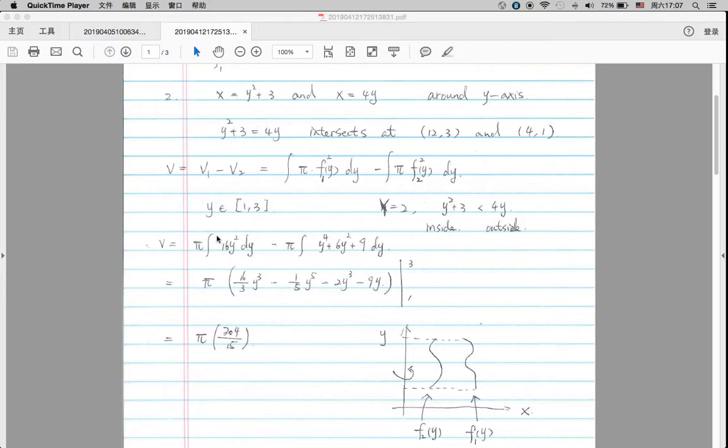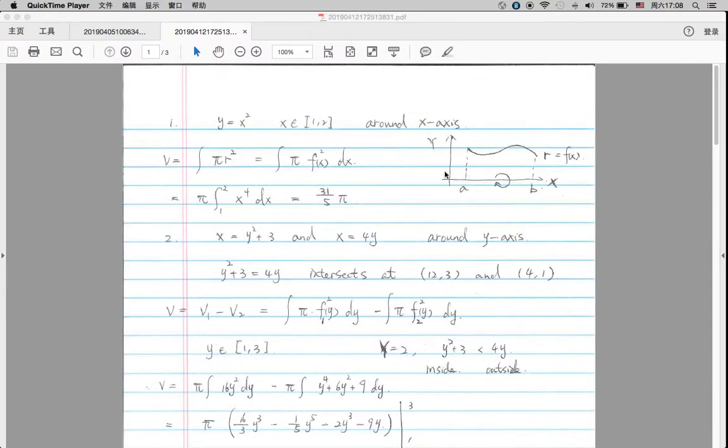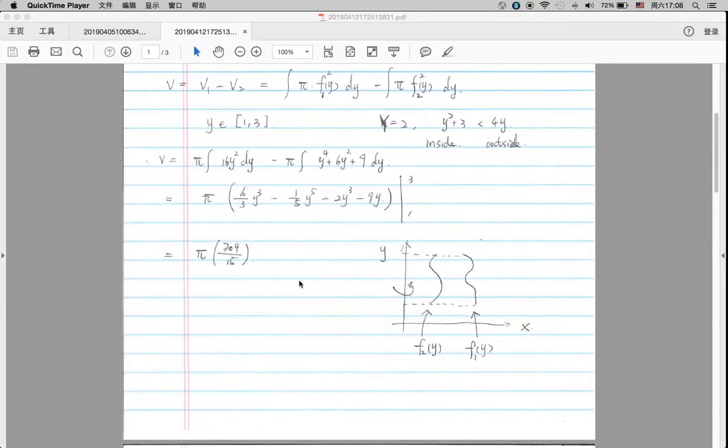You can think of it as in our first example, the larger volume minus the smaller volume, and this will give us a donut shape volume. So thank you very much.